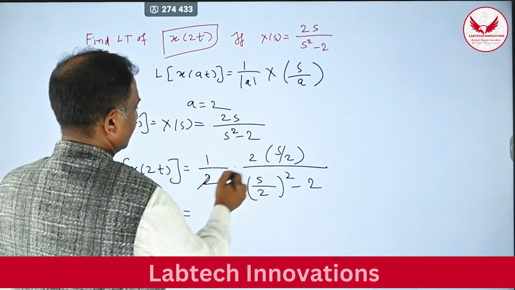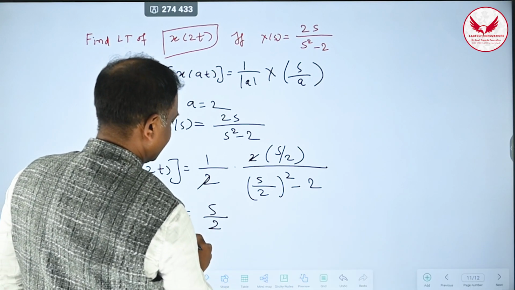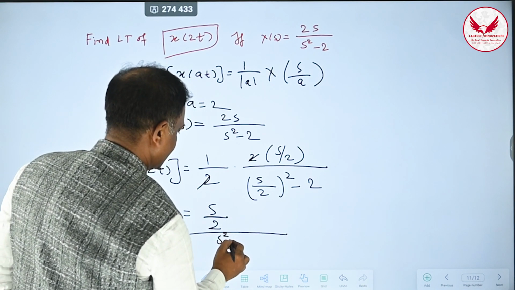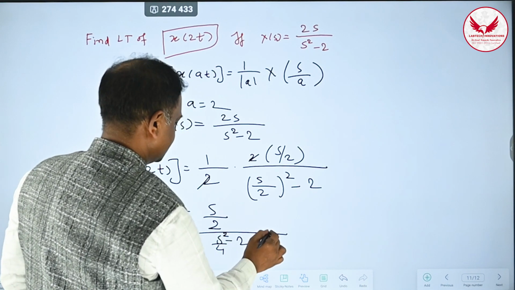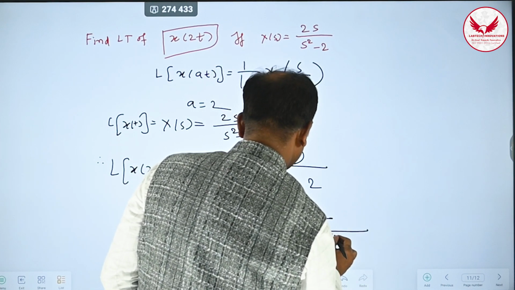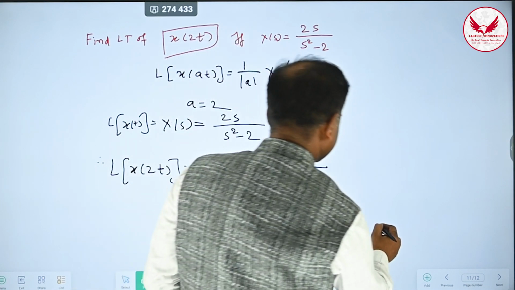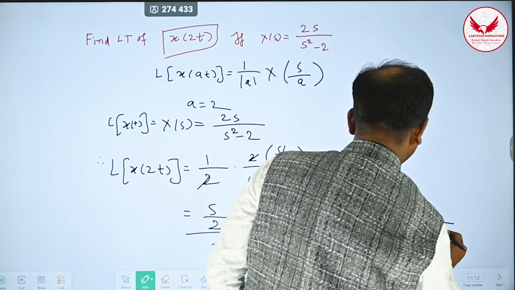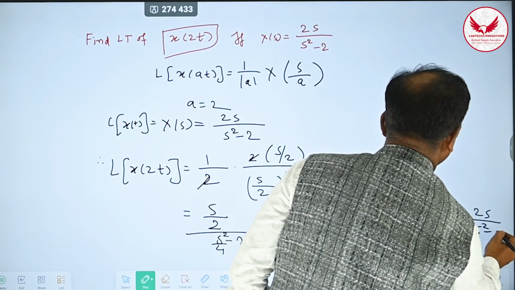So this is s by 2 divided by s square by 4 minus 2, which is s by 2 divided by s square minus 8 divided by 4. Overall, this is s by 2 into 4 upon s square minus 8, which is equal to 2s upon s square minus 8.